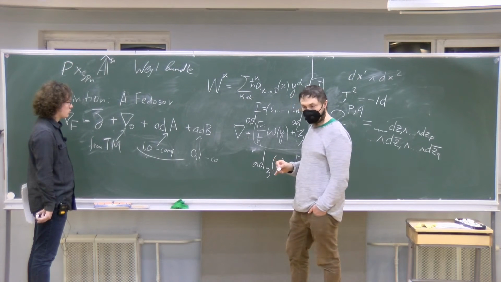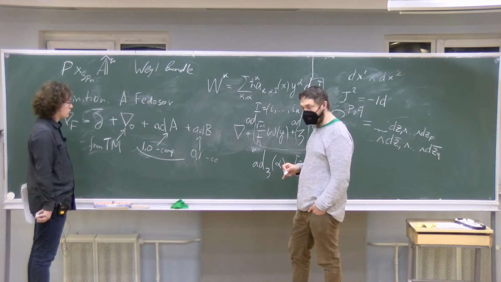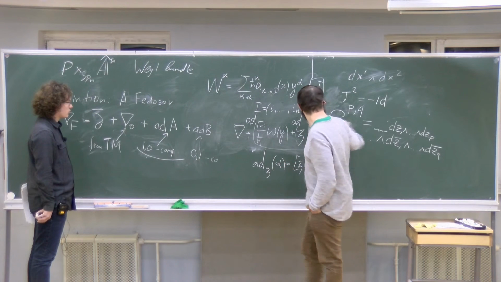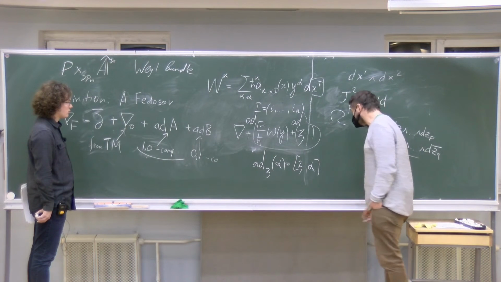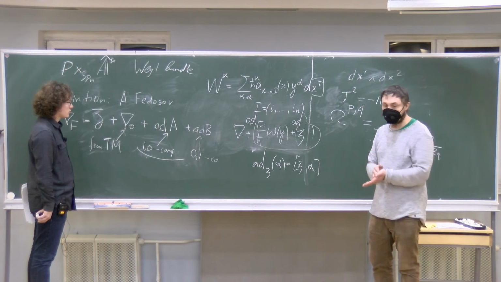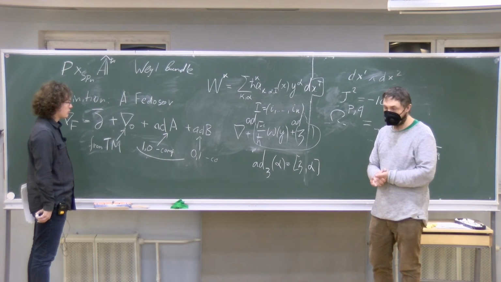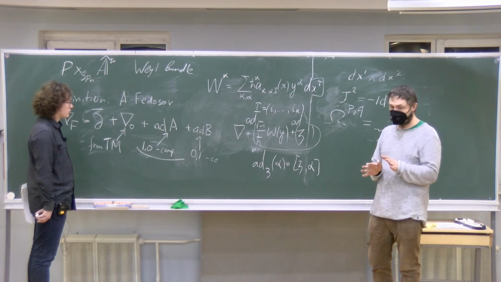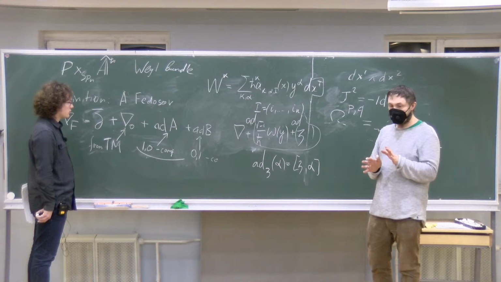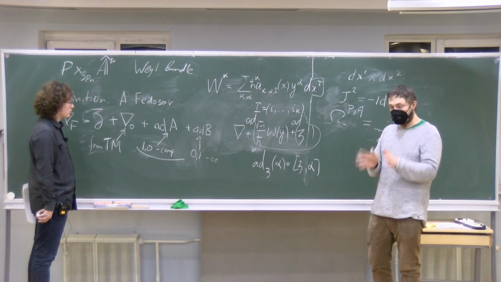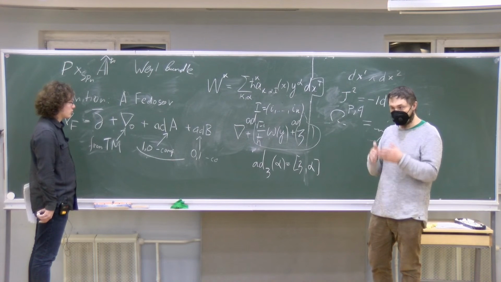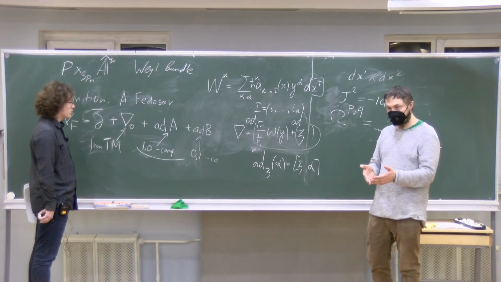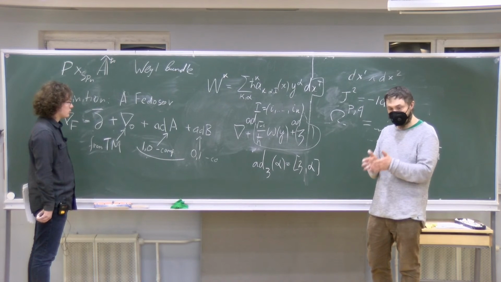That's all that is done, nothing else. The way these coordinates appear, you can find in any textbook on complex geometry. I don't think it's really very important here. You can imagine that your manifold is locally just Cn. When you have Cn, you have complex coordinates, so there is no problem with defining these differential forms.